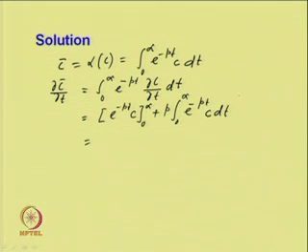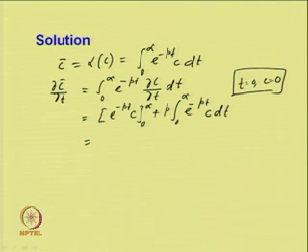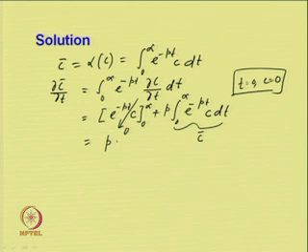We know that when t equal to 0, C equal to 0 from the boundary condition. So, this will be 0 and it will be p and this part will be C bar. So, p into C bar.